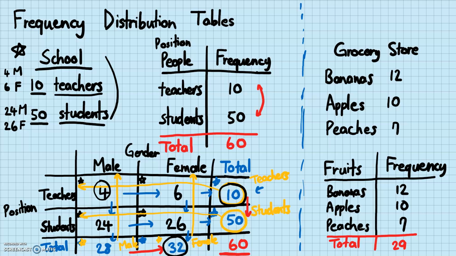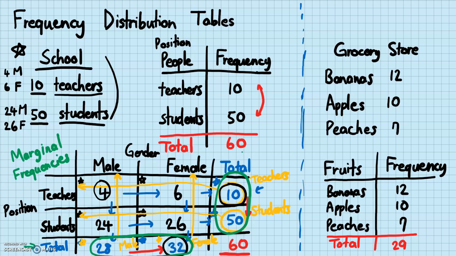Okay, and to close this video, I'll just go through a few terminologies associated with frequency distribution tables. So if you look at the margins here, these values right here and these values right here, these are called marginal frequencies because they are on the margin, right?